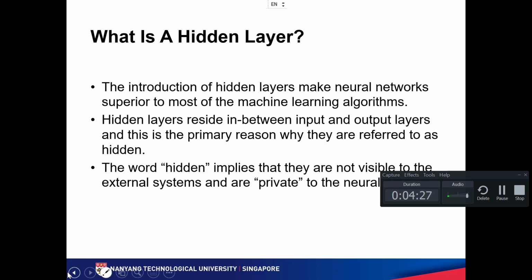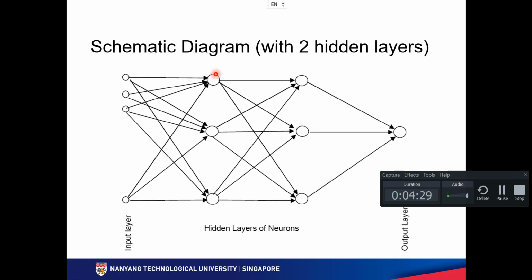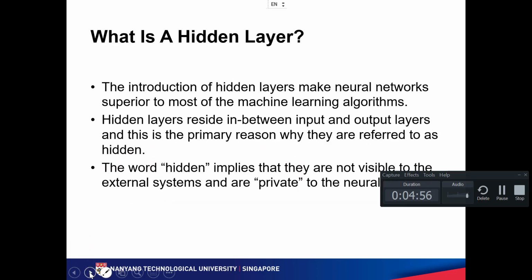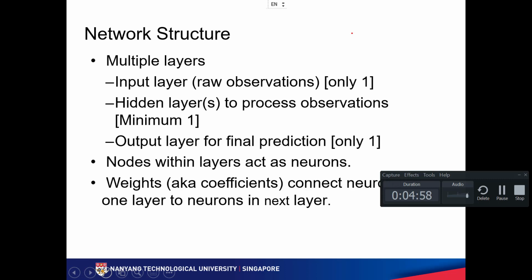Think about it: each one of these is one linear regression, because you add all the coefficients times the inputs. It's like x1, x2, x3, x4, and the coefficients beta 1, beta 2, beta 3, beta 4, and then you add them all together. So think of it as many linear regressions.